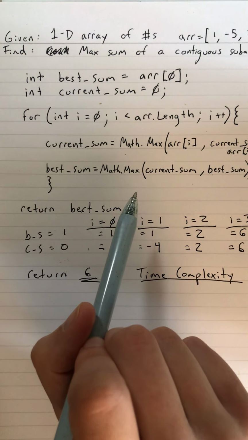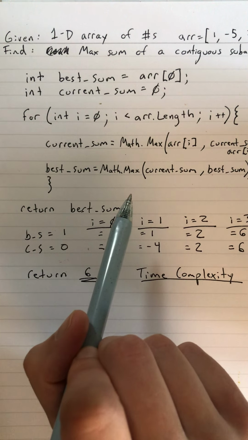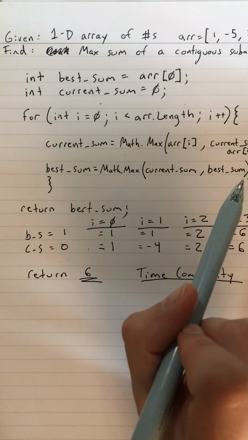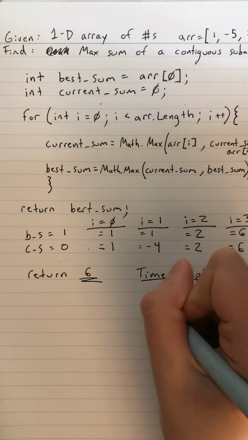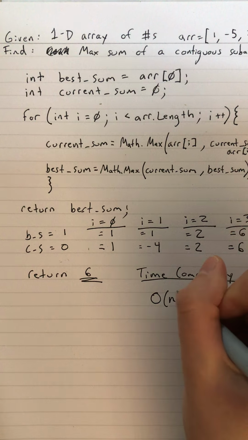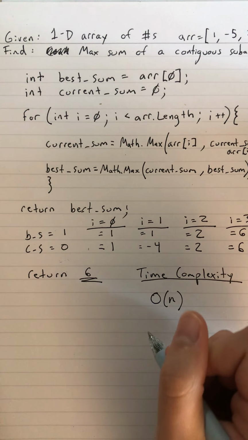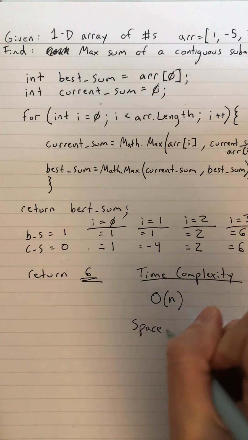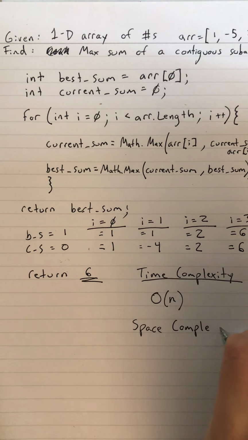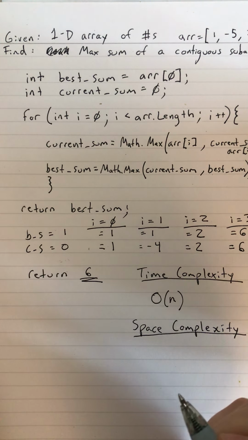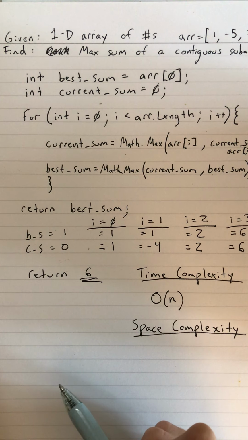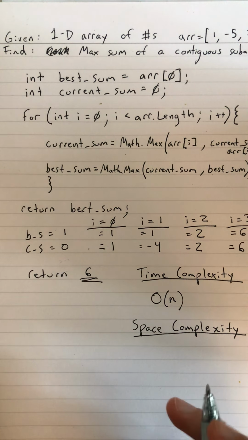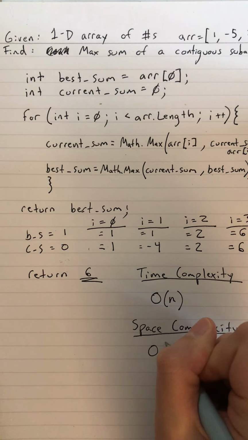Inside this for loop, every time we're finding the max twice between two values, that has a constant runtime. So our time complexity is in fact O of n. And for space complexity, we have two variables that we initialize and nothing else. So our space complexity is constant.